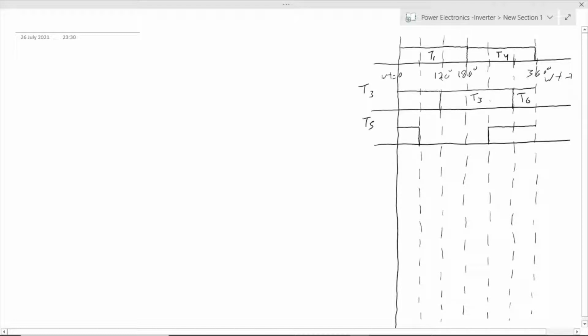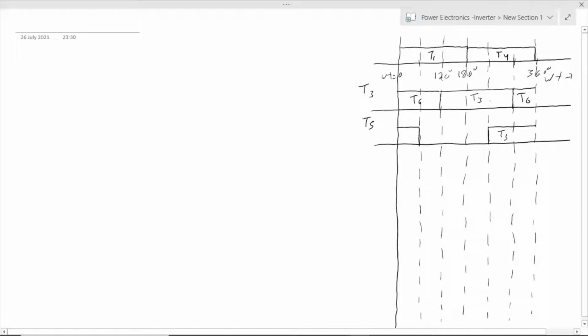So T6 will be on from omega t is equal to 0 to omega t is equal to 120 degrees, and then T6 will be off, and then again it will be on at omega t is equal to 300 degrees. Now writing for T5.